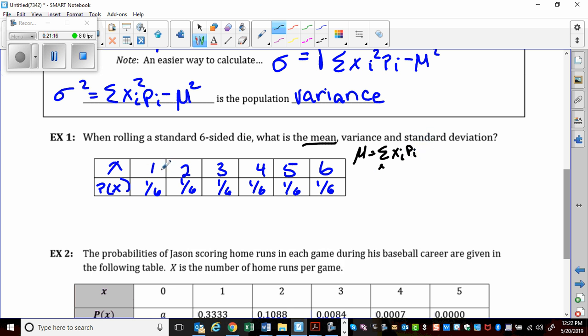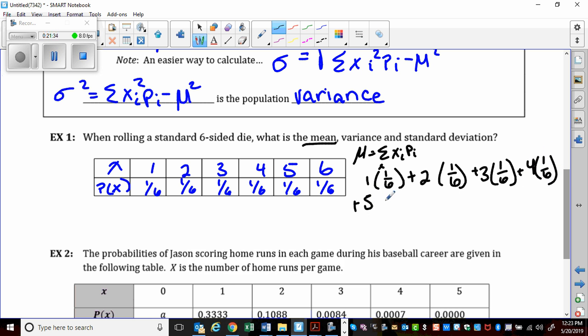So to get a 1, it's going to be 1/6, plus to get a 2, this is 1/6, 3, 1/6, 4, 1/6, 5, 1/6, and 6. We have a 1/6 chance to get either side. Now when we multiply these out, we're going to get 3.5. This is our mean.